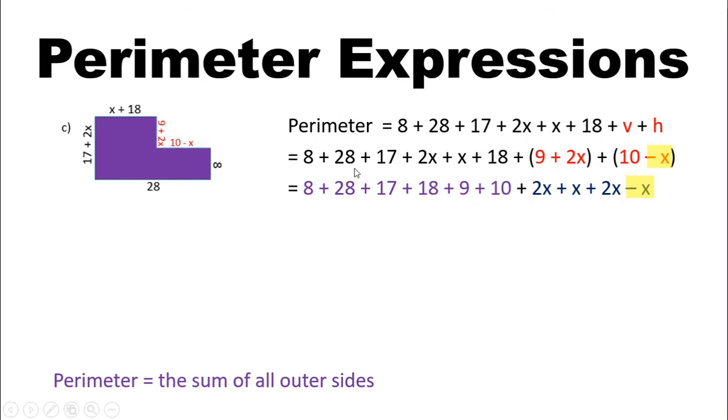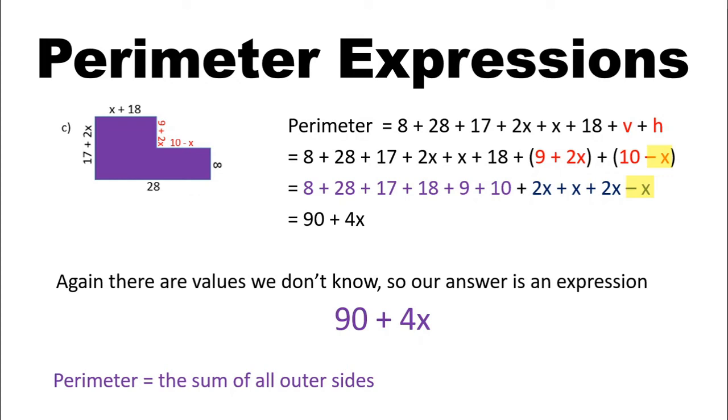Now adding together my like terms, so adding together my number terms, that gives me 90, and my x terms, 2x plus x is 3x, plus another 2x, that's 5x, minus an x, that's 4x. So that's my simplified expression. Once again, since there's values I don't know in this expression, I don't know what x is, my answer will be an expression, 90 plus 4x.